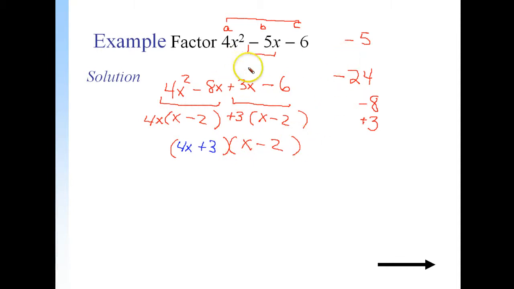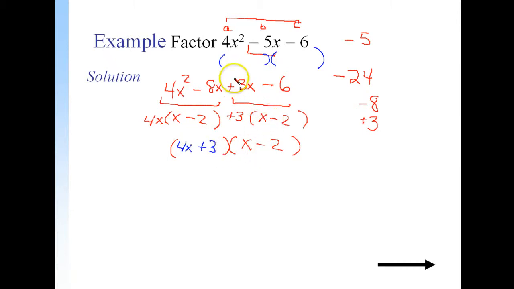Now, could you have gone from this on the top initially into this? And I believe the answer is yes. This is not a difficult one, but it illustrated the AC method. Now, when you get some that you can't do the traditional factoring way, you might try the AC way.